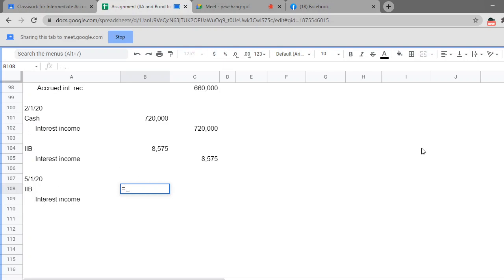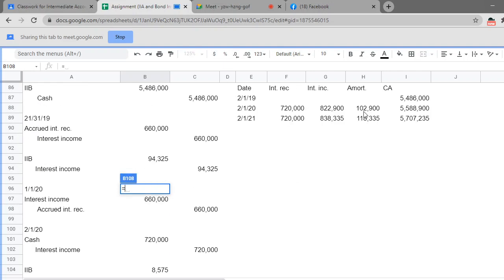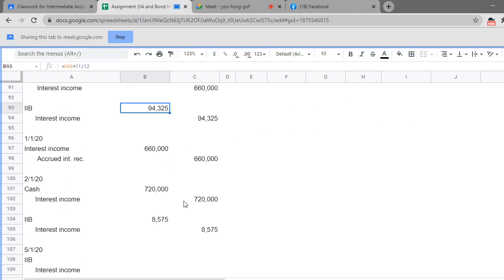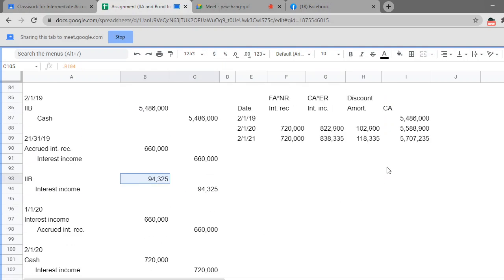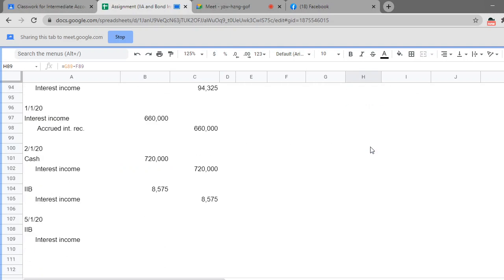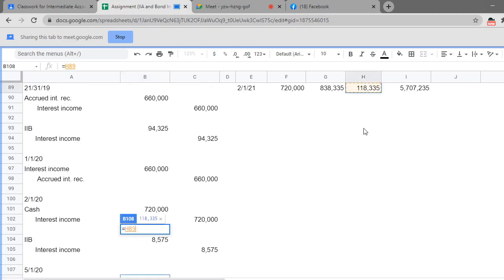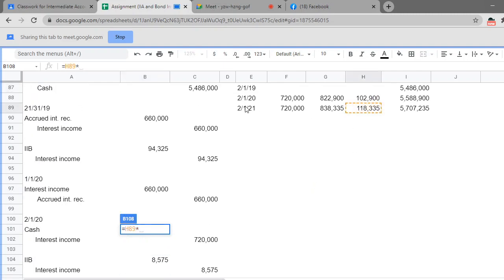We are done with the year 1. Nahurot na ning 102,900 kani December 31 og kadtong February 1. So that is a total of 102,900 na nato sa year 2. So that means ang atoang amortization karon will be based on 118,335, but that is until February 1, 2021.